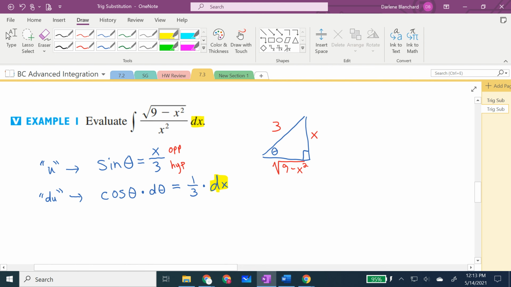How you manage the rest of the integrand, there are various ways. And I want to give you a moment to look at that and think about it. I'm going to show you some different ways that you could approach it, but I want to first give you a moment to see what you naturally come up with.